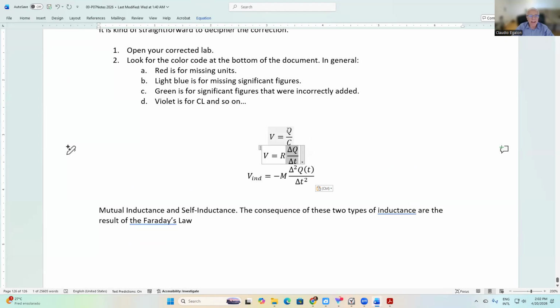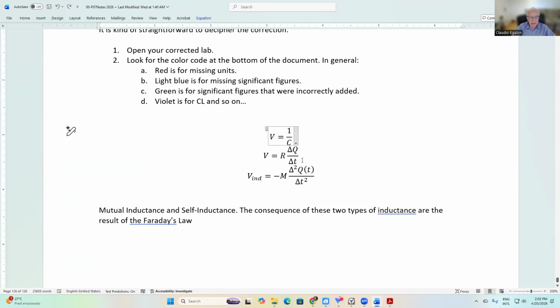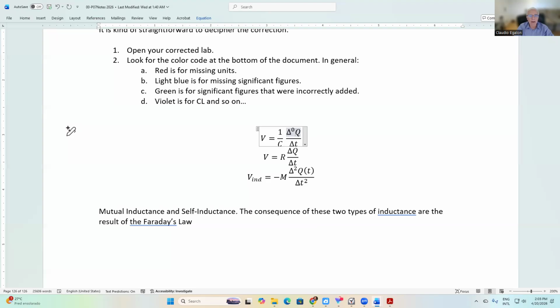Okay? And here you go. I'm going to write that down as 1 over C, right? 1 over C is what I once called incapacitance. Remember that? It's going to be delta Q over delta T. But here, because it's going to end up being a Q, I'm going to raise my delta to the 0 power.